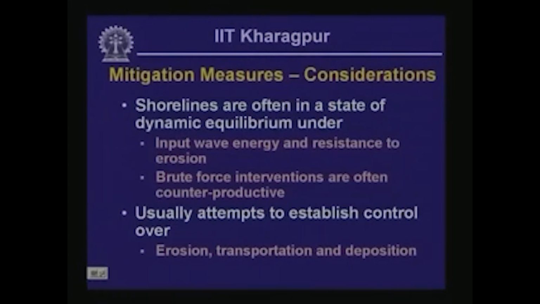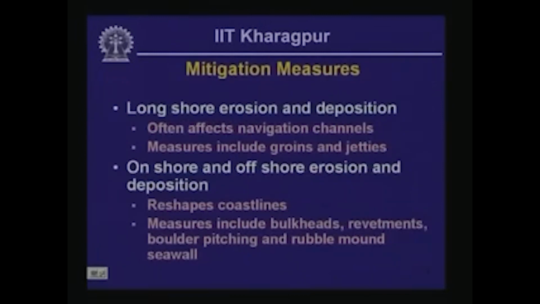So erosion accordingly is going to take place under the action of each one of these waves. So we have to look for mitigation measures depending on which type of wave action is prevailing.